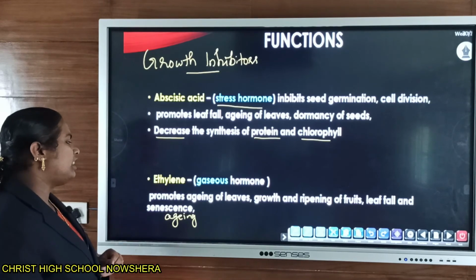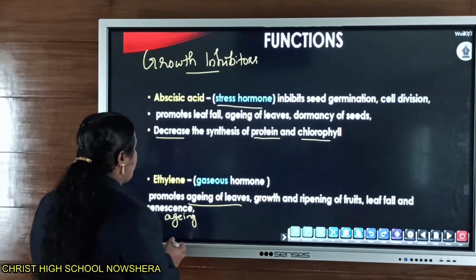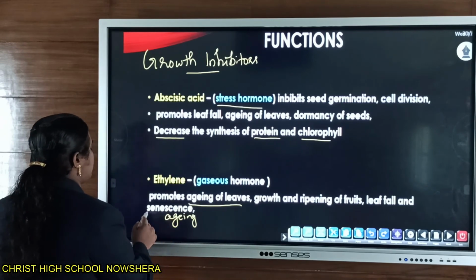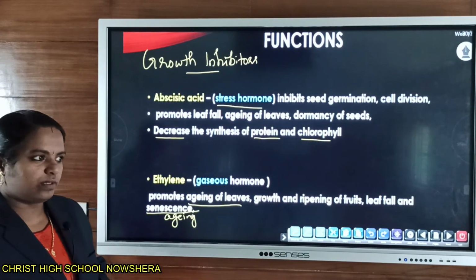Its main function is that it promotes aging of leaves, which is actually known as senescence. Senescence means the aging process.